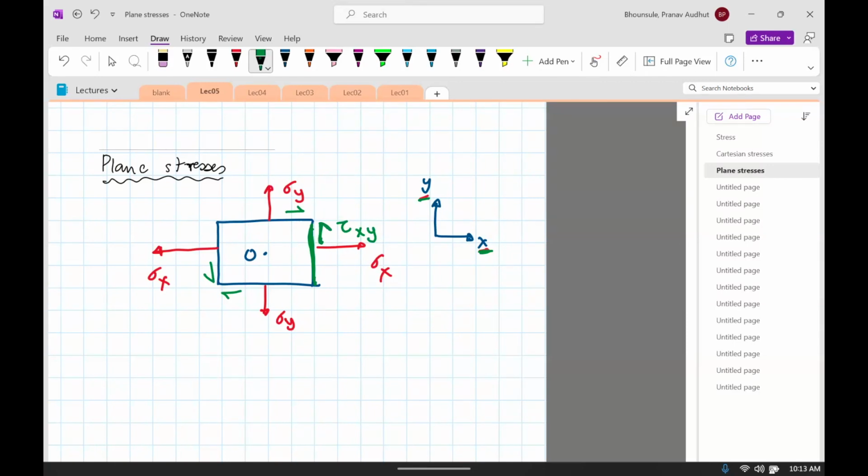It turns out that this one will also be the same. It's tau xy, because the normal is x and the direction is y. This one, which is on the top face, again tau, there'll be two things here, the plane and the direction.